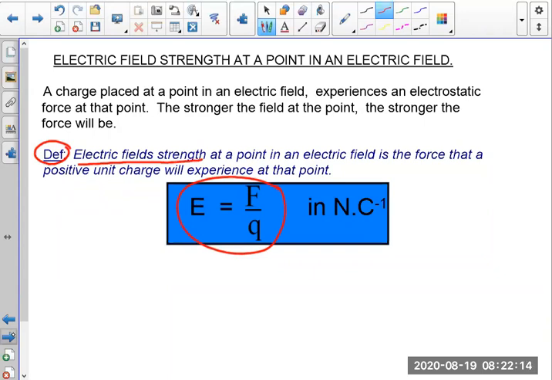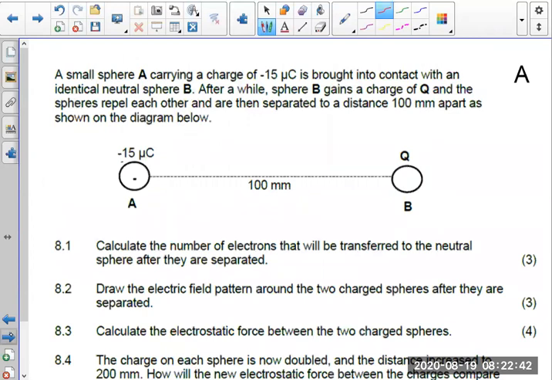They normally leave this equation for the last question, and it normally counts 3 marks. It's just a hint: don't use this one from the start. You're going to use it at the end of the question, and you will already have worked out the net field or the net force.